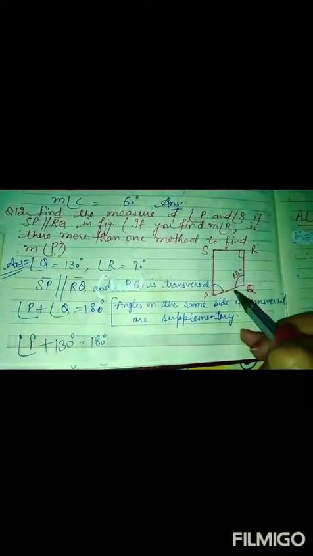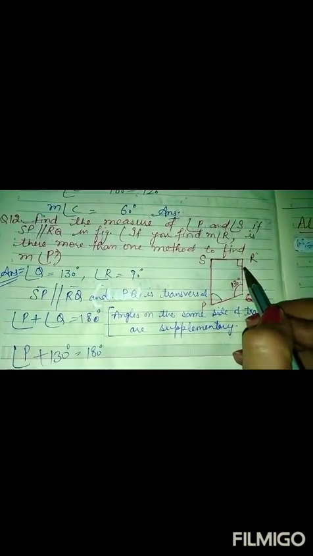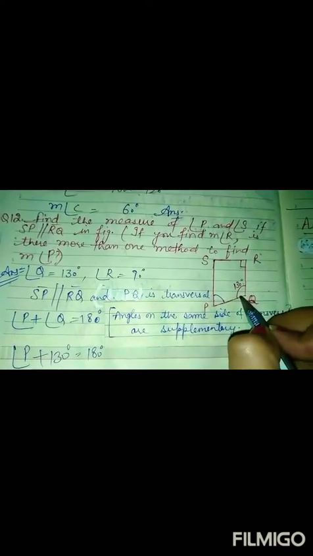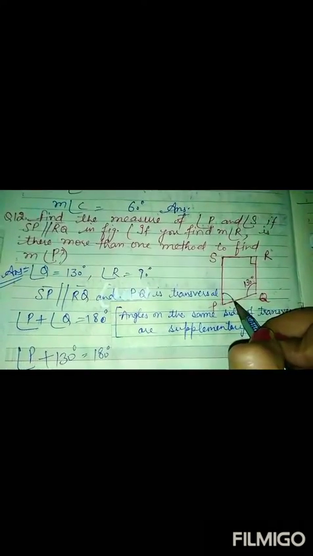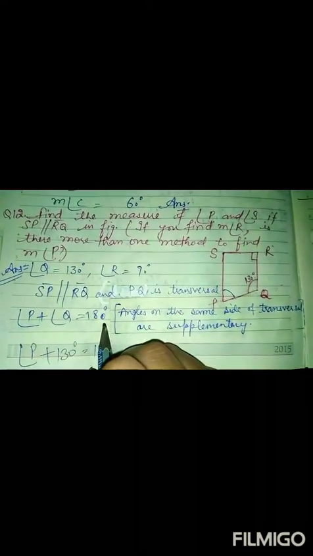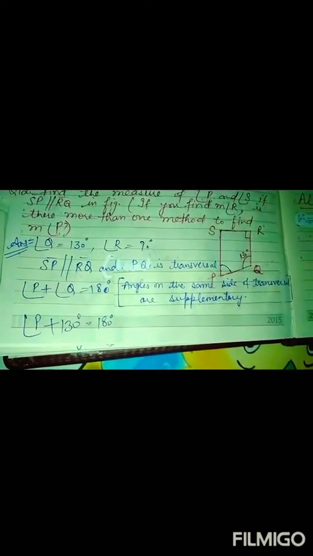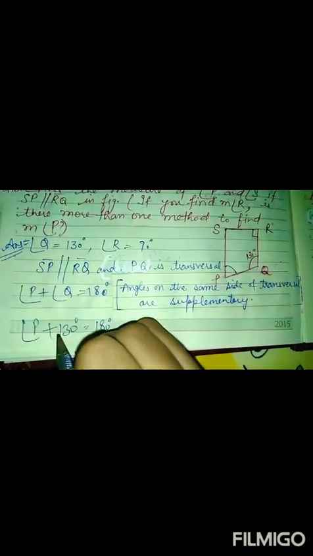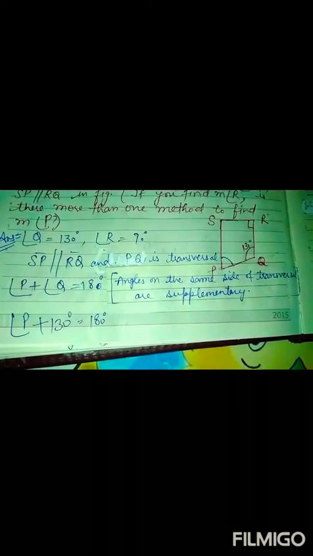Firstly, look, Q is given to be 130 degree, R is 90 degree. Here SP is parallel to RQ and PQ is the transversal. Then angle P and Q sum equal to 180 degree. Angles on the same side of transversal are supplementary. Therefore angle P plus 130 degree equal to 180 degree. 130 degree goes to the other side with minus. Then angle P equal to 180 degree minus 130 degree. Angle P's measure is 50 degree.